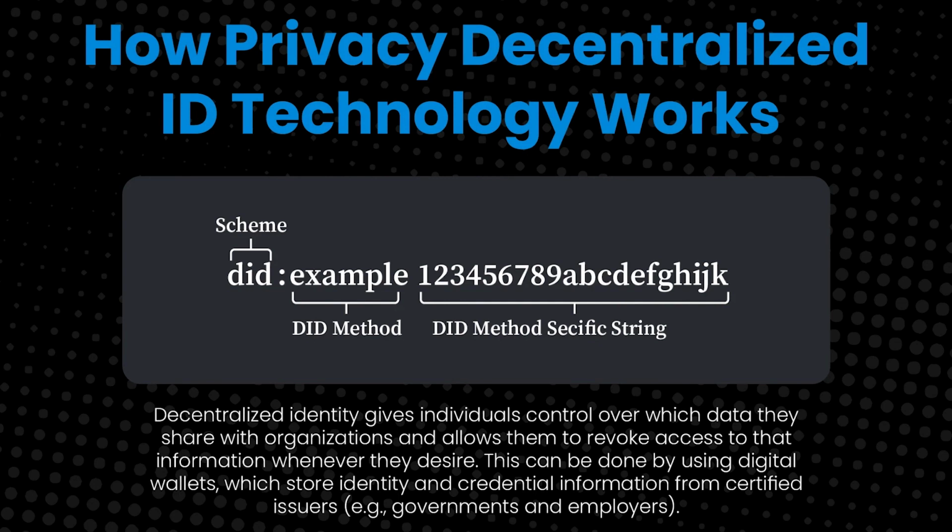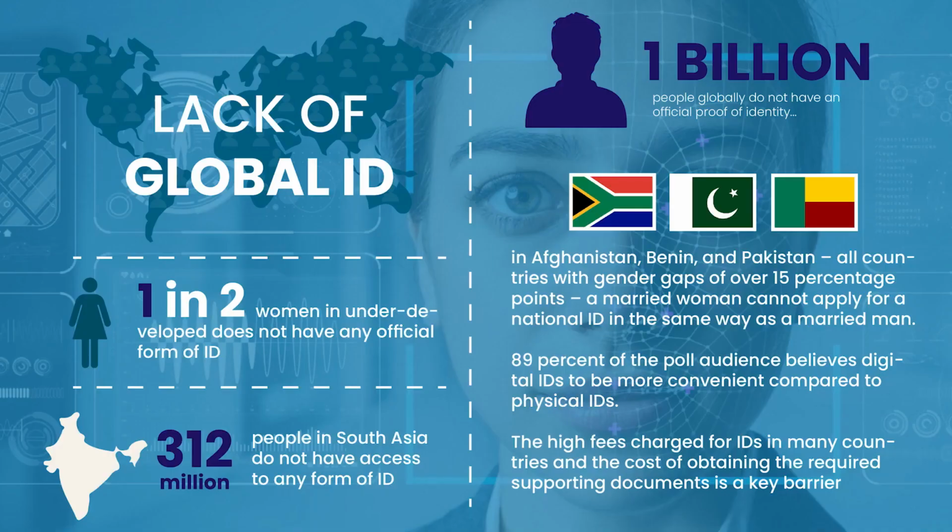In addition to PII, data from electronic devices such as usernames, passwords, search and purchase history, and others all contribute to a decentralized digital identity. It allows you to share identity information with individuals and organizations, and you can revoke access to that information at any time.